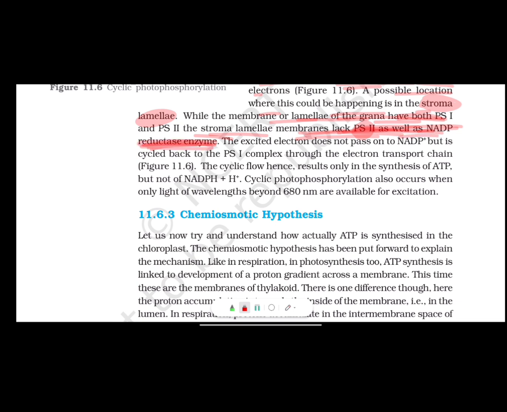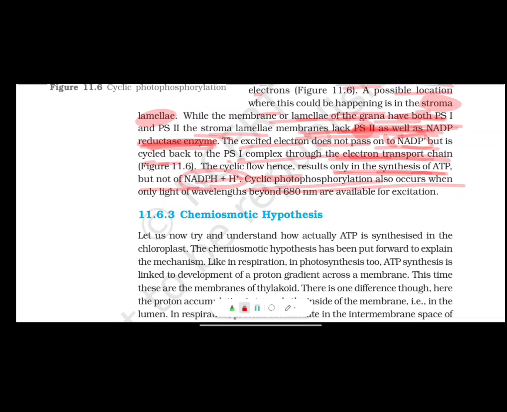So it lacks NADP reductase. The excited electron does not pass to NADP plus, but is cycled back to the PS1 complex through the electron transport chain. The cyclic flow hence results in the synthesis of ATP but not NADPH.